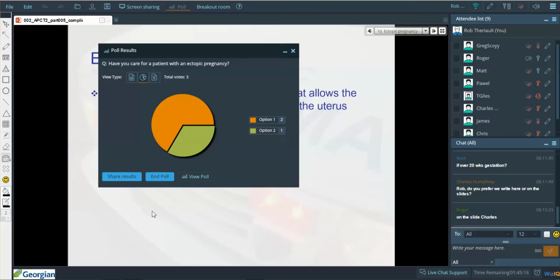So we've got 3 votes in so far. Unfortunately, I'm not able to participate in the voting system. So we got 8 votes in so far, and I don't think we have more than 8 students in the room. So looks like most of you have transported an ectopic pregnancy, and some of you have not yet. So let me just end this poll.